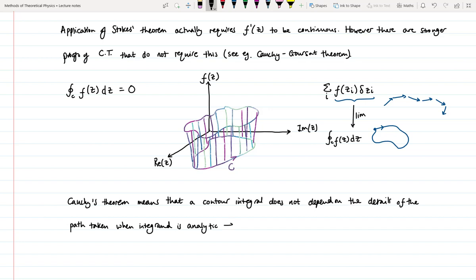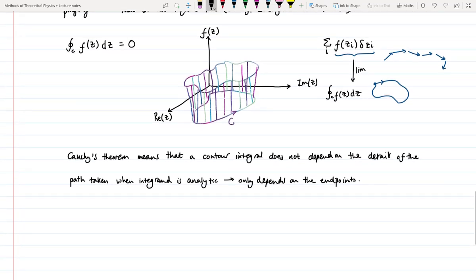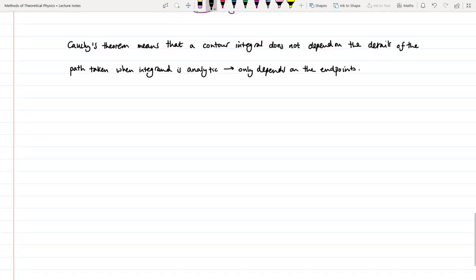It doesn't depend on the path, it only depends on the endpoints. And as physicists, this might sound familiar to us, where we call potentials that have this property conservative potentials. Let's draw a picture to explain the setup.